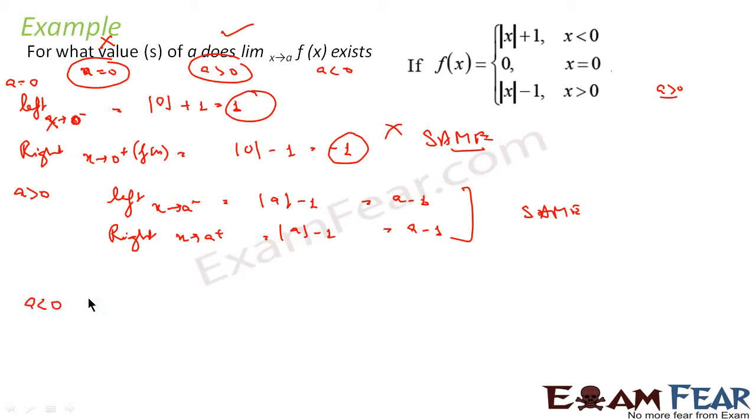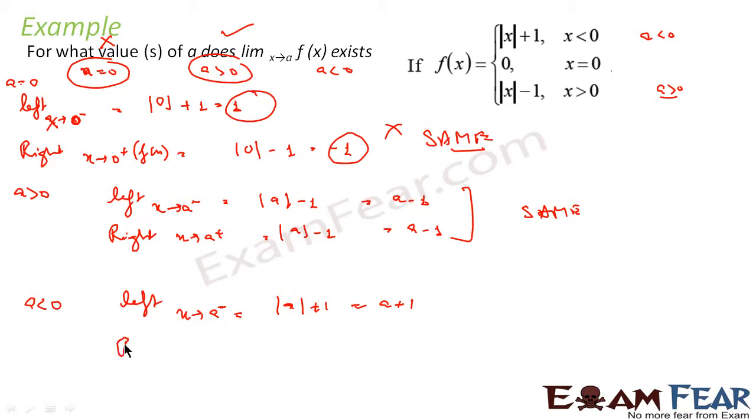Similarly, for a less than 0, if you want to find the left limit, x tends to a minus, you have to use this equation, because a is now less than 0. This becomes mod of a plus 1, and that is a plus 1.